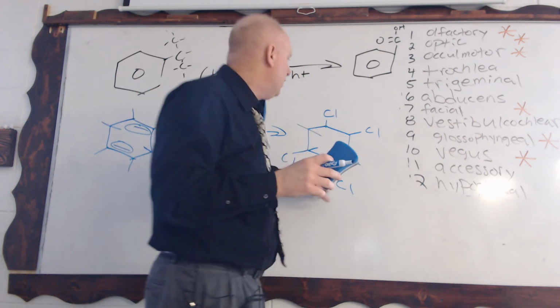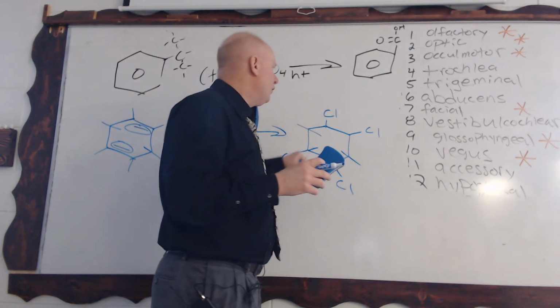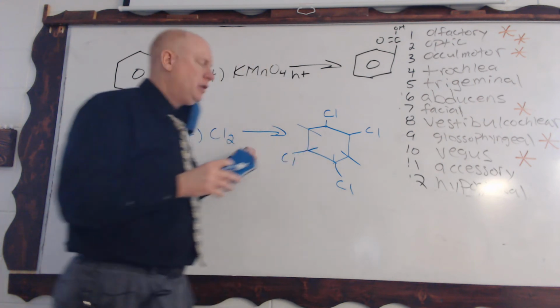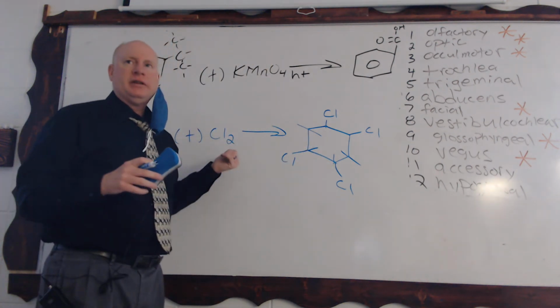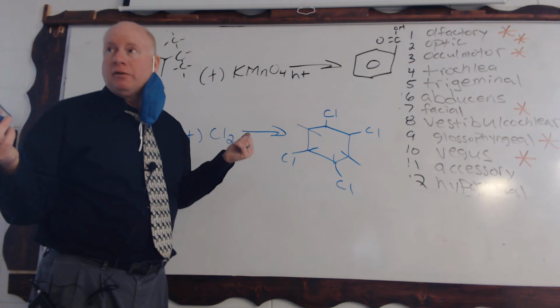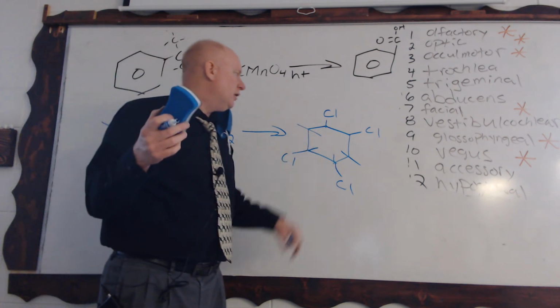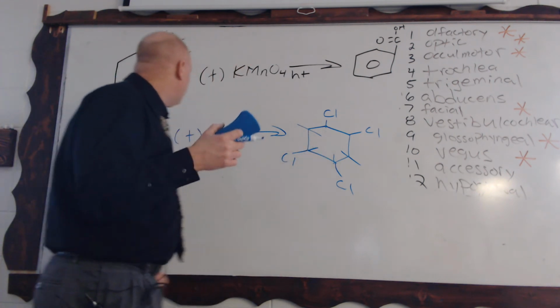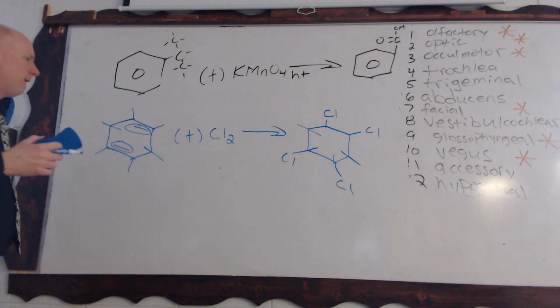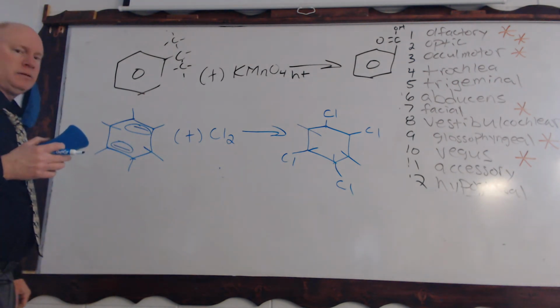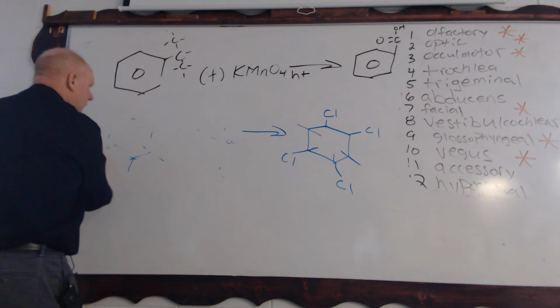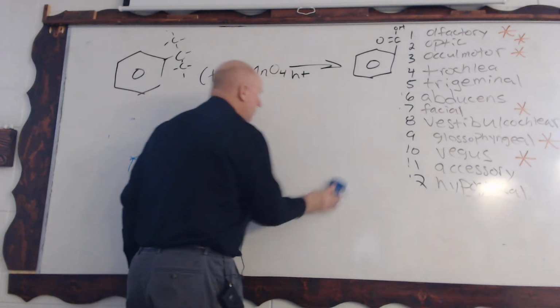I understand you can say, well, how come you've got 4 chlorine atoms here when you only have 2? Well, we're not balancing this chemical reaction like you did in general chemistry. What you can do is just go ahead and put them on there.